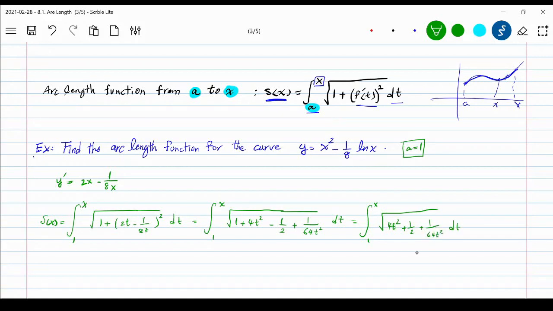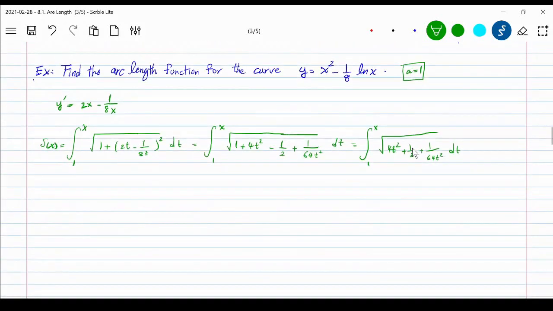It turns out that under this square root is exactly the same as 2t plus 1 over 8t, squared. The trick in this example is to notice that if you add 1 and negative 1/2, you end up with positive 1/2, which is exactly the middle term of that squared form, dt.